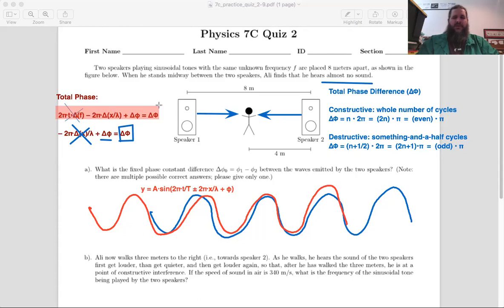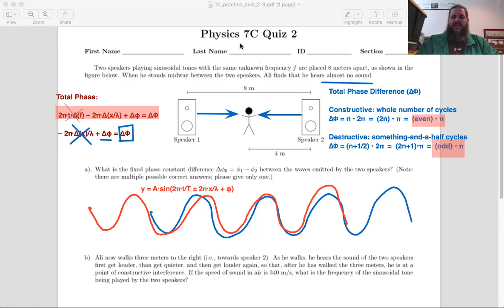If there's no difference, or if the difference is a whole number of cycles, then you get crest and crest at the same time, trough and trough at the same time. So that's constructive interference. If the difference is something and a half cycles, you get destructive interference from a crest and trough canceling out.